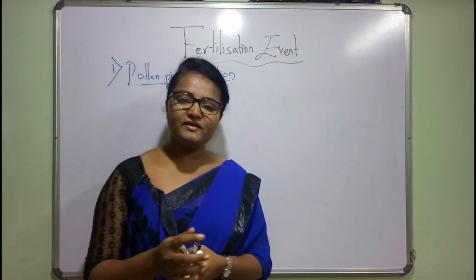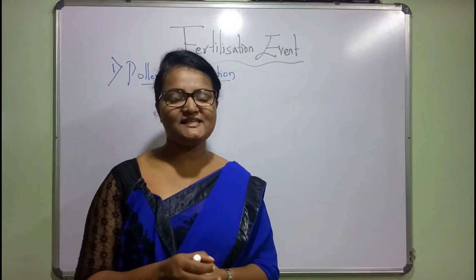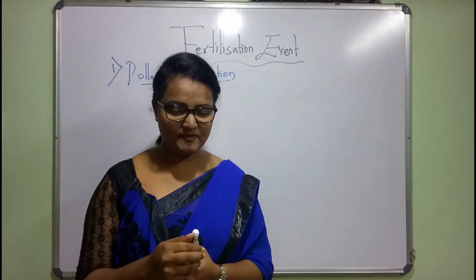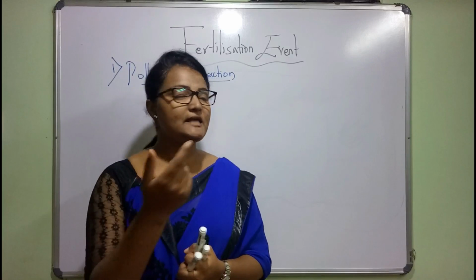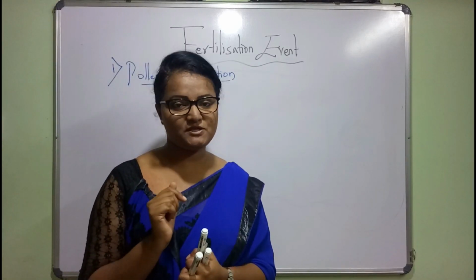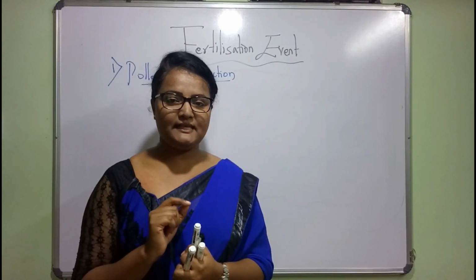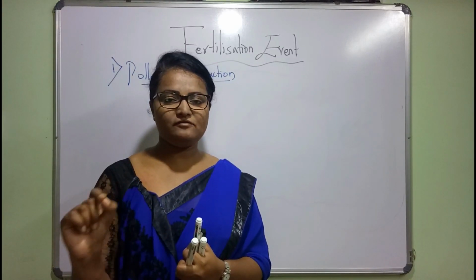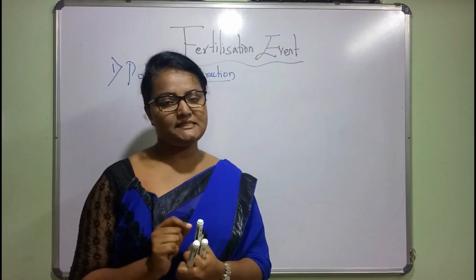So far we have finished pre-fertilization event. Till the gamete transfer, it ends with the pre-fertilization event. So the next process is a fertilization event. As the name indicates, fertilization is the fusion of male and female gamete to produce the zygote.